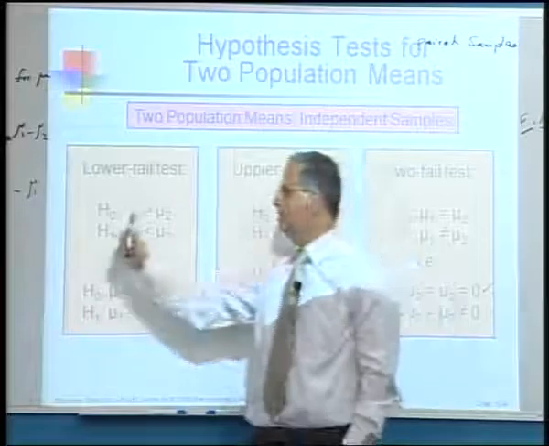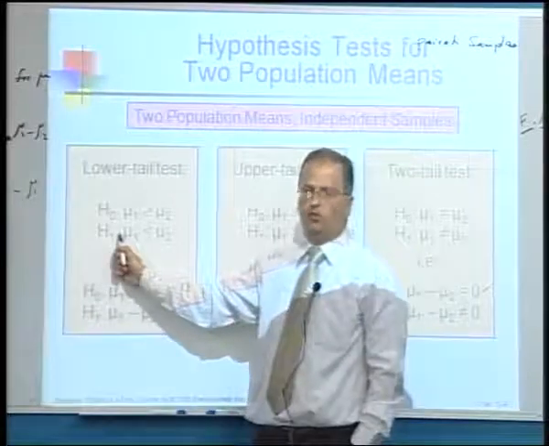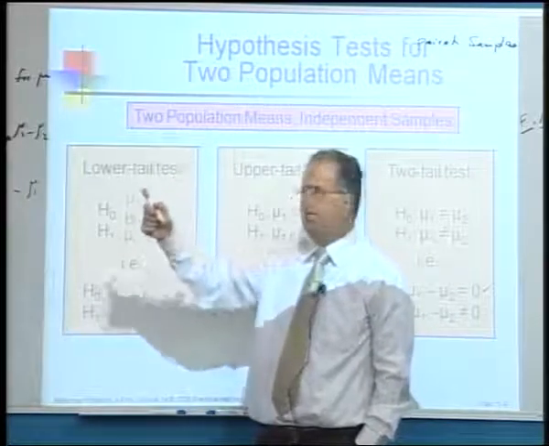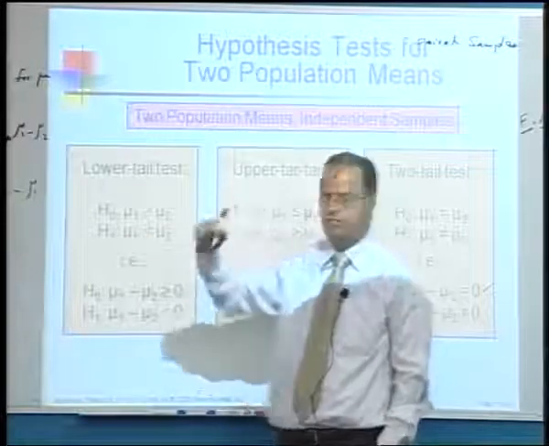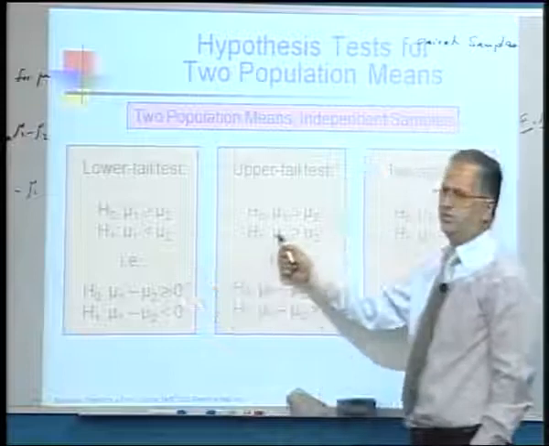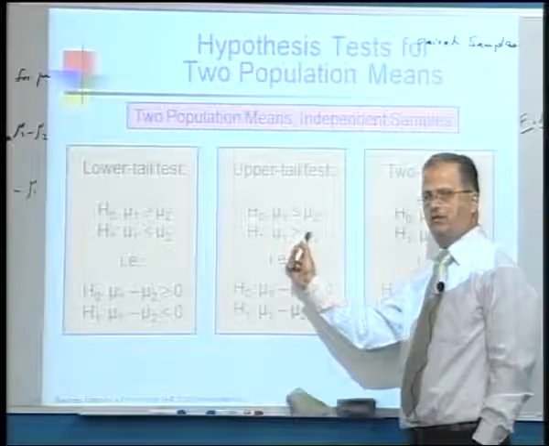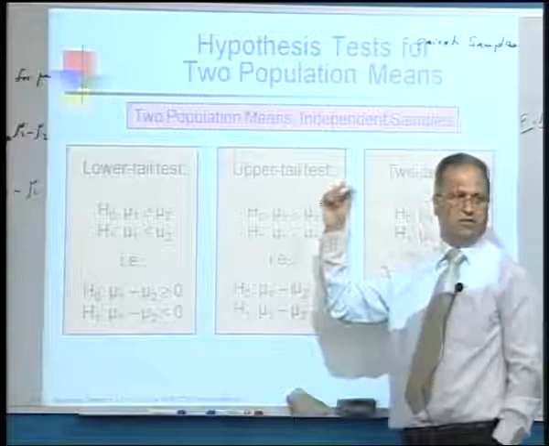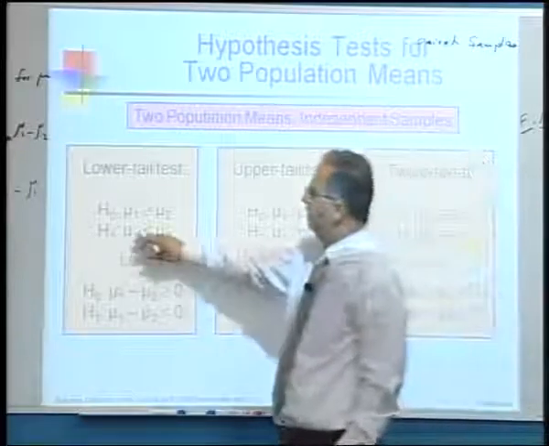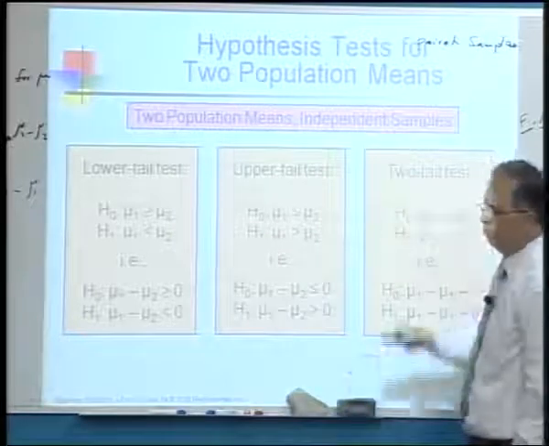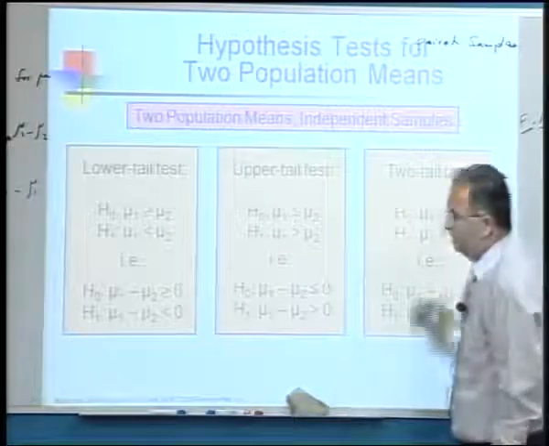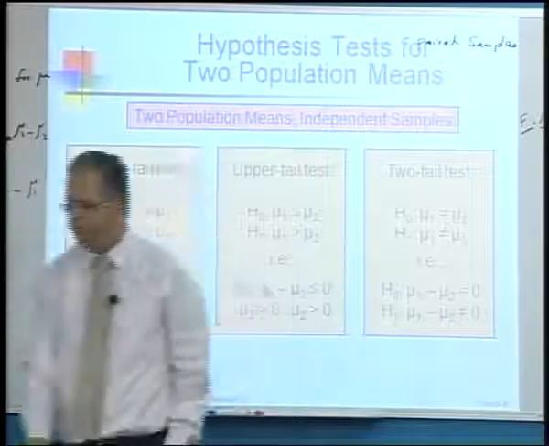You may say that the population mean for A is smaller or less than, or decreased from, the other one. Here, population A is larger or increased, or whatever it is. So we have a null hypothesis, an alternative hypothesis, and maybe a two-tailed or one-tailed test. It depends on the nature of the problem itself.